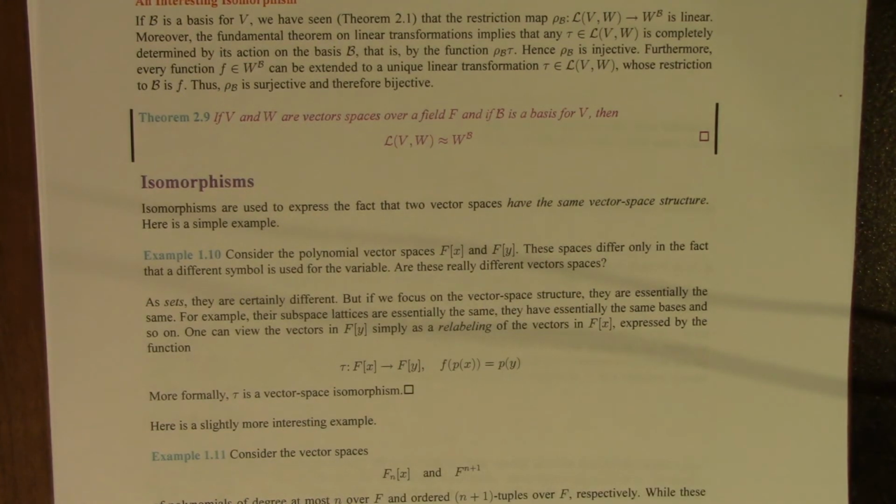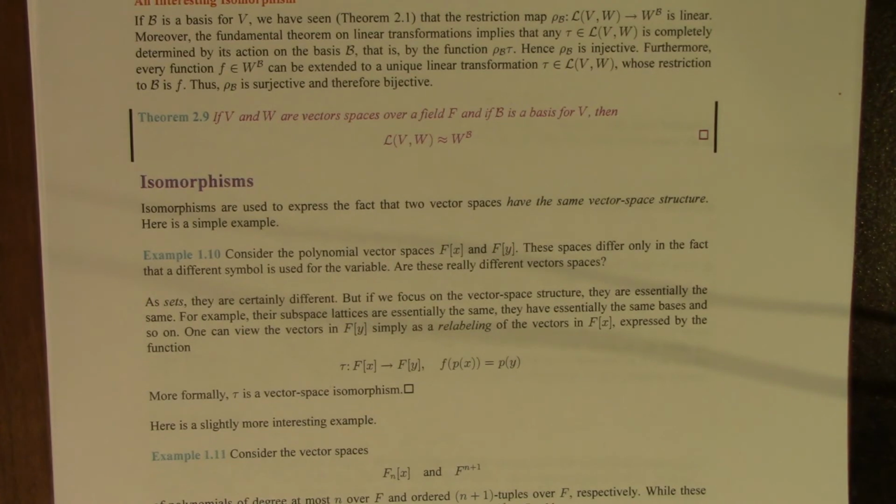The only difference between these two vector spaces is the symbol that's used for the independent variable. So are these really different vector spaces? Well, as sets they are different, but from the point of view of the linear structure, the vector space structure, they behave exactly the same way. They are essentially the same vector space.